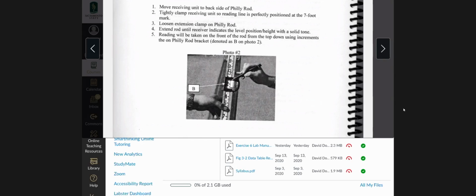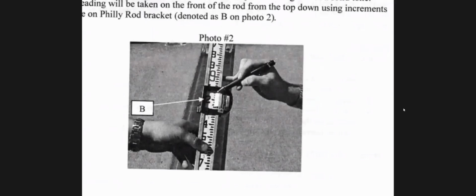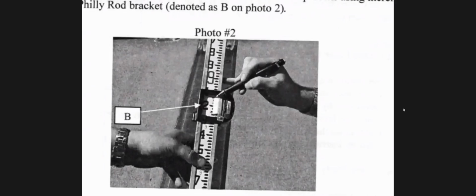That tells you that the receiver that's mounted up at 7, you're actually at elevation 9.115 roughly here, if you look at the top of that bracket. Okay, so that's how you take your backside measurement. The receiver is at a fixed point on the rod, and you move the rod up and down until you reach the middle of the beam, and that's where you take your backside reading.